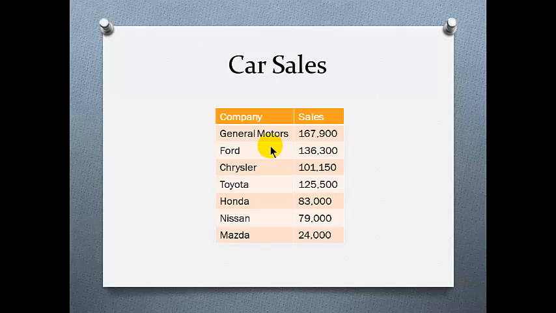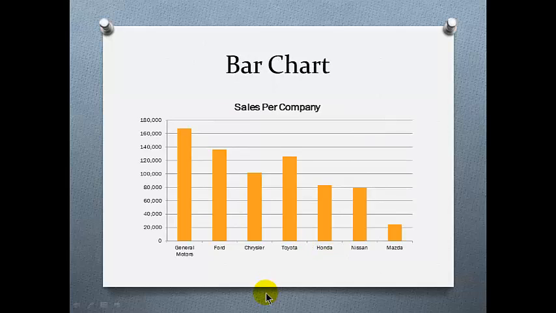So for example, we could look at the number of car sales for each of the top car companies out there. So let's say these are their sales. We can make a bar chart with a bar for General Motors, a bar for Ford, a bar for Chrysler, a bar for Toyota, and the height of the bar is the number of sales that they each had.